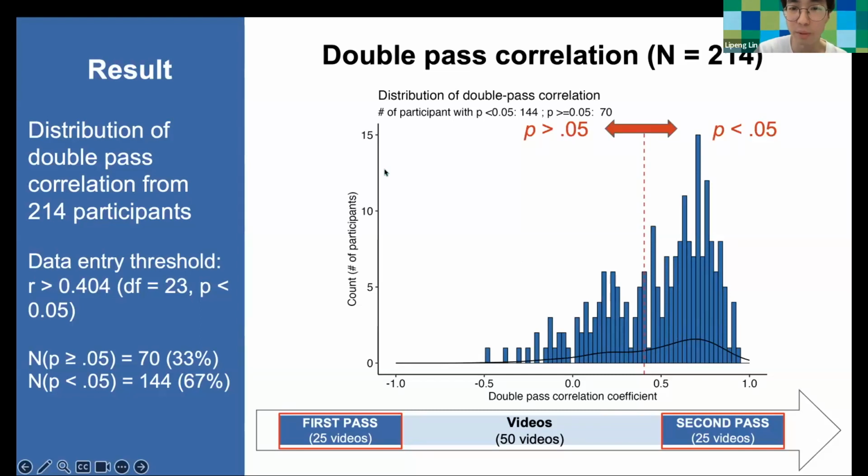We take this value as the threshold because anyone with R larger than the threshold has responses from the first and the second pass that are significantly correlated, suggesting that their responses are consistent. There are 144 such participants, accounting for 67% of the total. We exclude those with R lower than the threshold. Their responses will not enter the analysis of emotion experience structure.